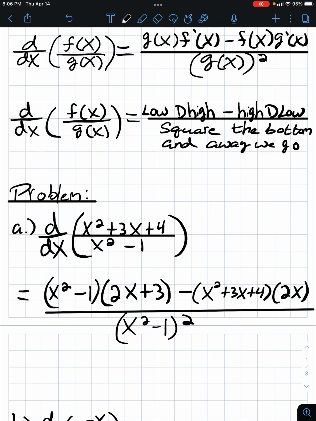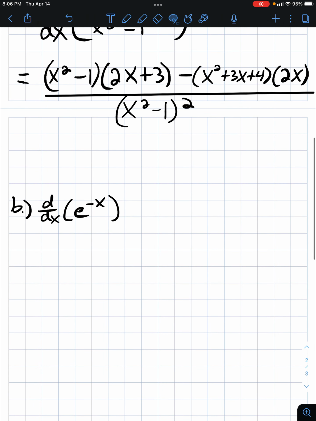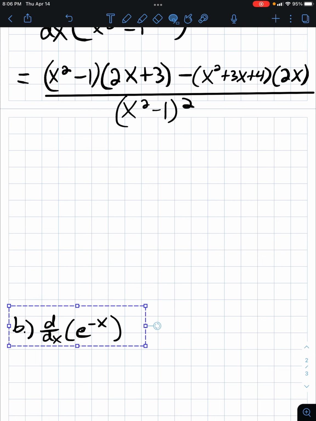Now let's simplify. Let's first expand our numerator and see what we get.